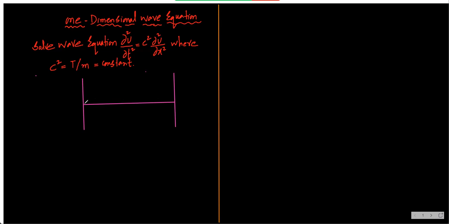So the two ends of the string will be fixed. It is not going to be moved. The endpoints are fixed. We are going to find out the solution for this standard wave equation.